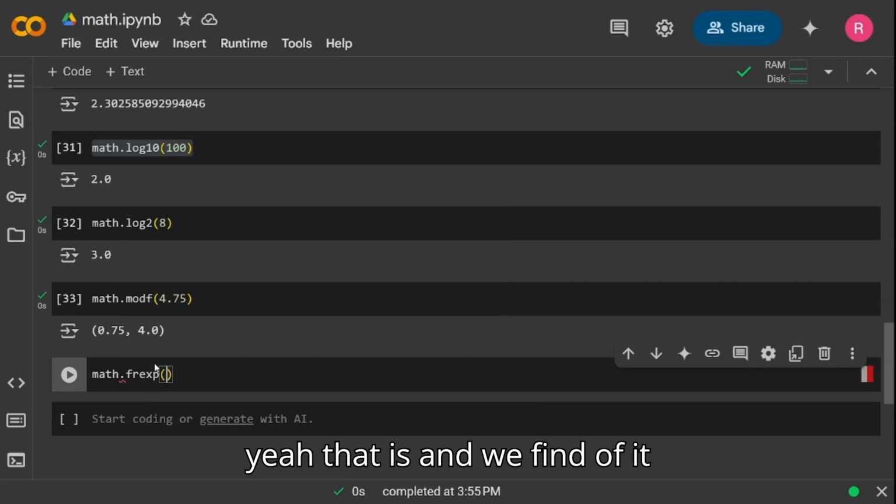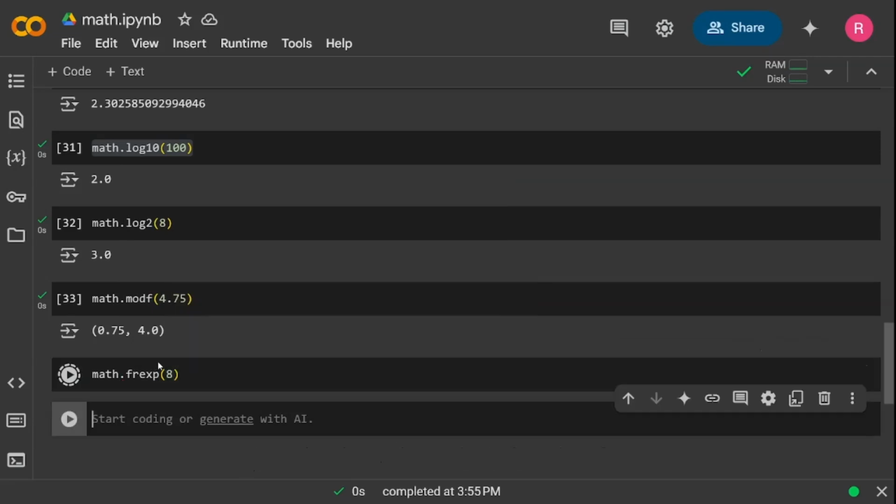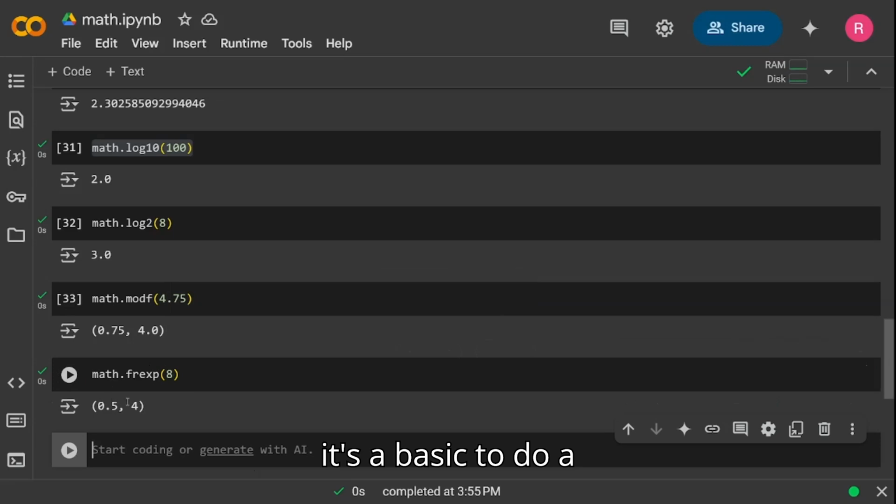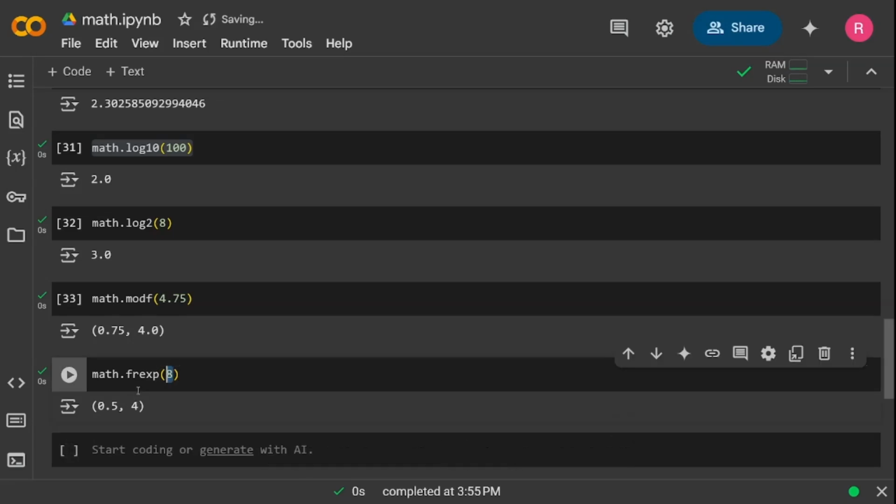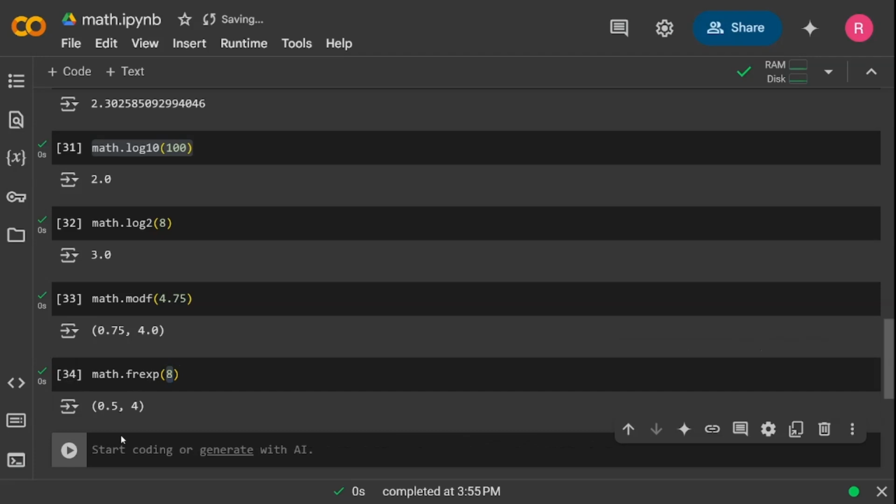And we find frexp of 8. It basically finds the mantissa and exponent of that number. That will be used.